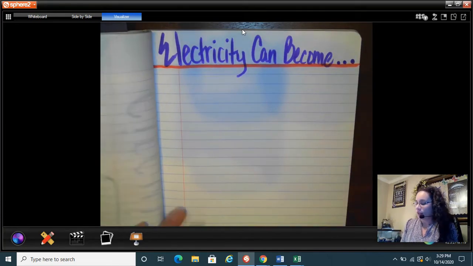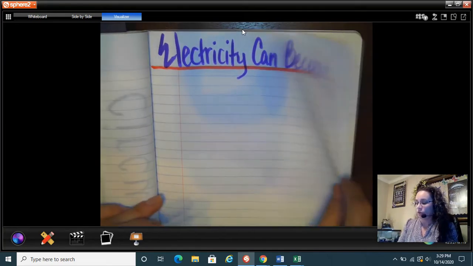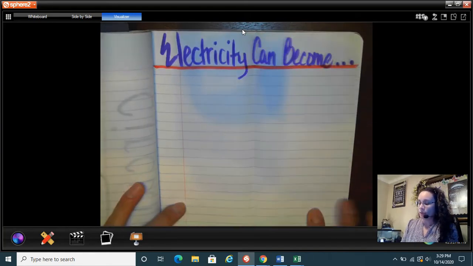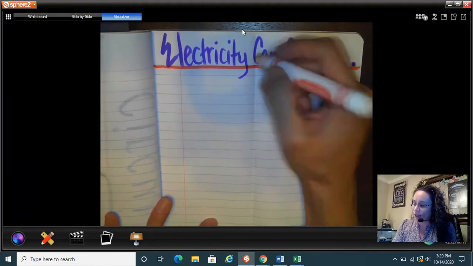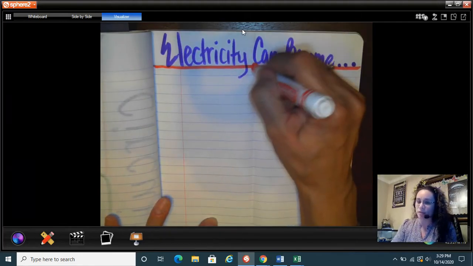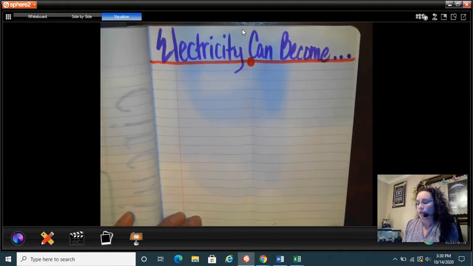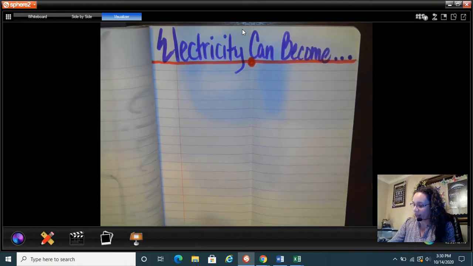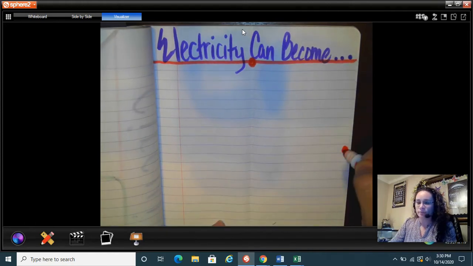Okay, then I took my page and I folded in half. Okay, I opened it up, and right at the fold line and the very first line of my notebook, I drew a dot. Okay, and then I skipped 10 lines: 1, 2, 3, 4, 5, 6, 7, 8, 9, 10. And I drew another dot.